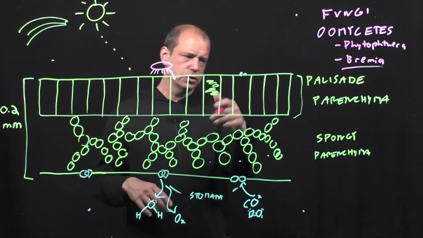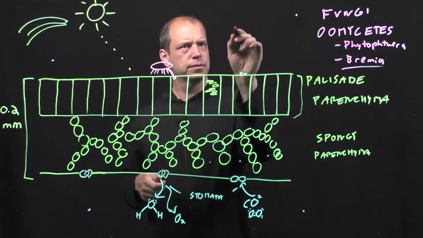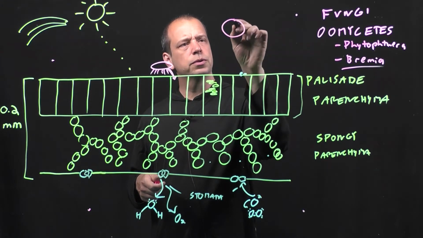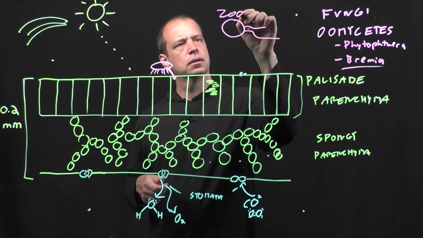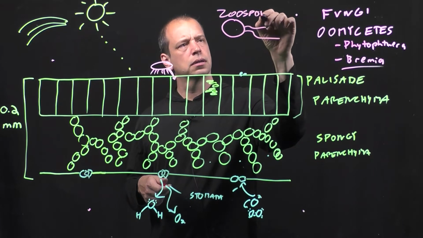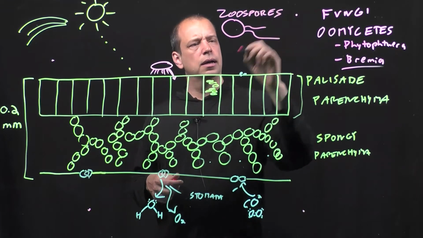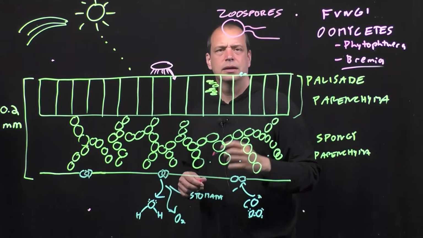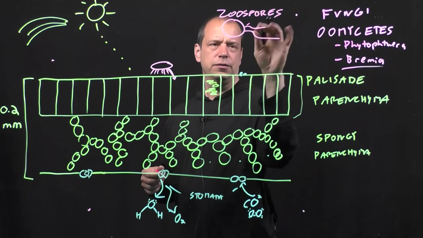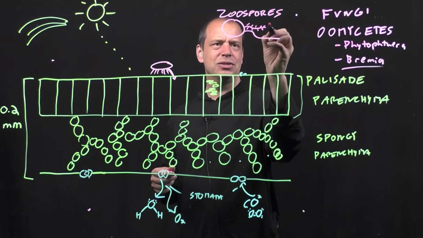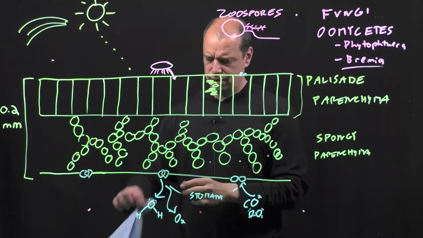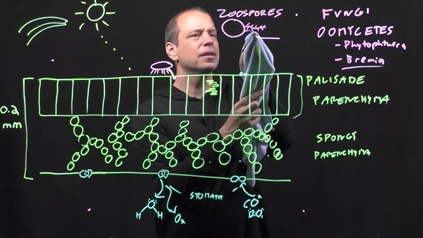They have to swim. They have these structures called zoospores, which are biflagellate, which means they have two flagella. And the flagella are of different types. One is a tinsel type, and the other one is a whiplash type.